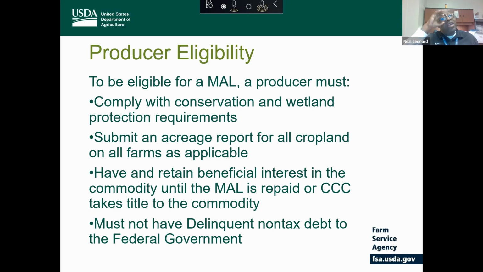You must retain control of that crop while it's on loan with FSA. Must not have delinquent non-tax debt to the federal government. So if you're in that situation, I would suggest that you reach out to your local county office and see exactly how that could affect your eligibility for MAL loan.